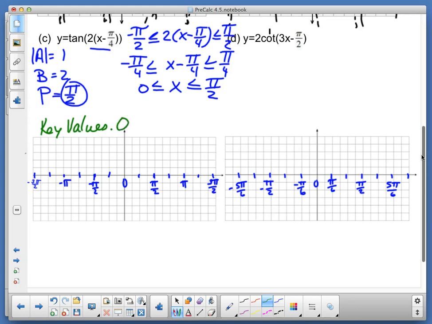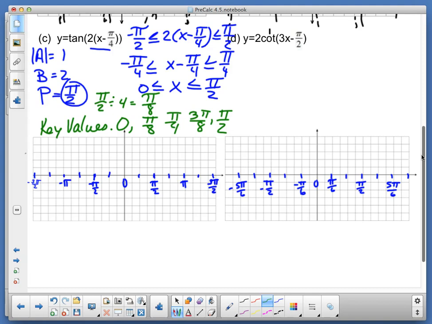Oh, by the way, pi over 8, right? So I got pi over 2. I got key values that would be pi over 8 because remember, pi over 2 divided by 4. Okay, same as multiplying by a 4th. Pi over 8. And I have 0, pi over 8, pi over 4, 3 pi over 8, pi over 2. You okay with that?